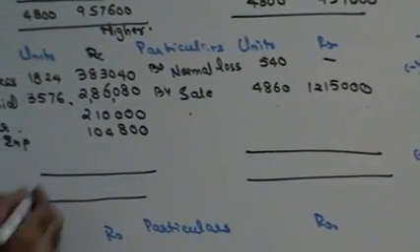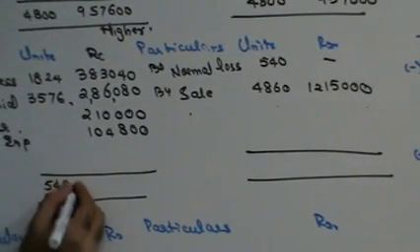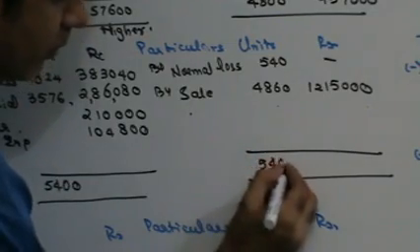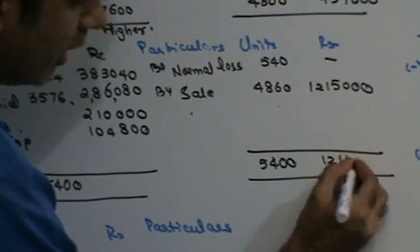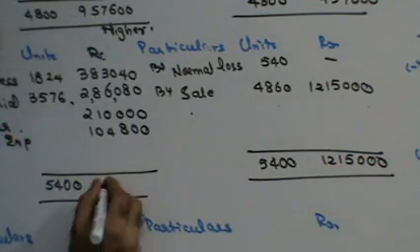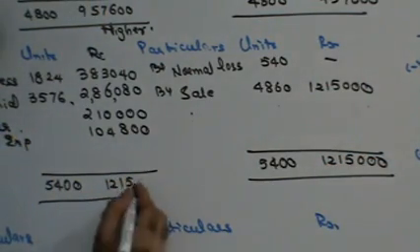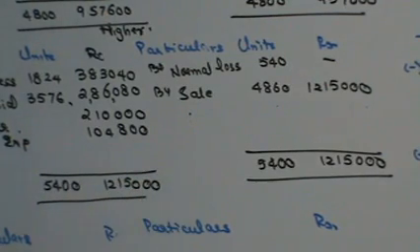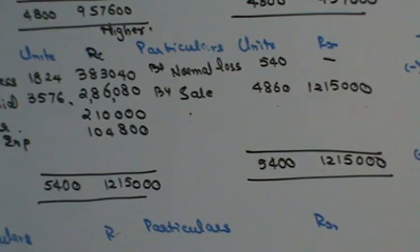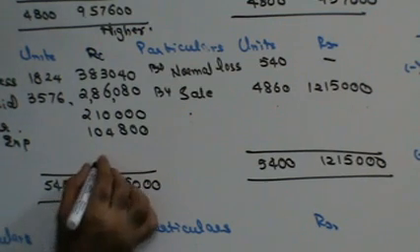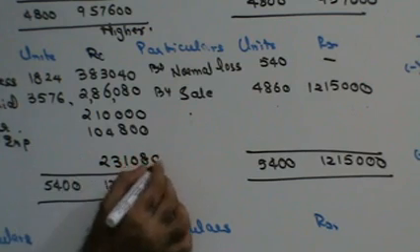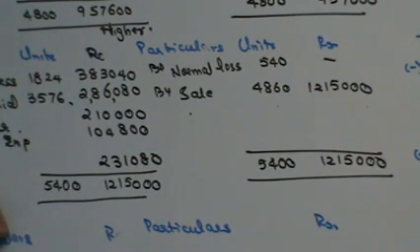If you tally, this will be 5,400. This is 5,400. This is 12,15,000. Right? Now, the profit in this case is going to be 2,31,080. This is going to be to costing P&L.